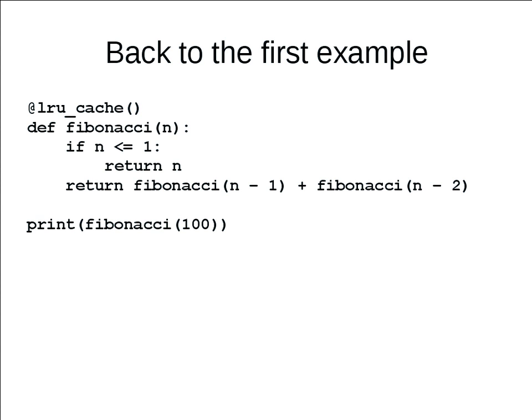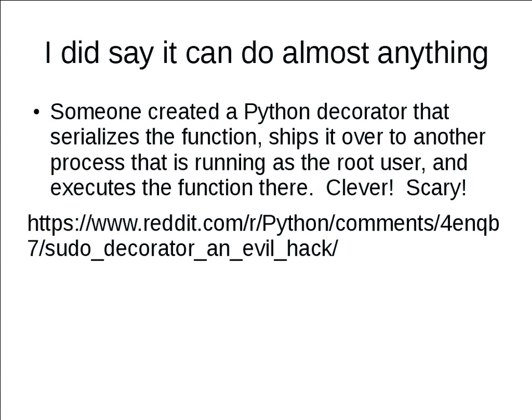And finally, I wanted to end with an example. I did say that decorators can do almost anything. Somebody on Reddit made a decorator that runs the function as root. It takes the bytecodes of the function, serializes them, ships them over to a new process that it spins up, along with the function arguments, and the new function runs sudo to root.